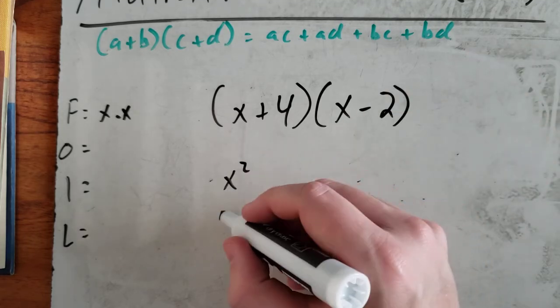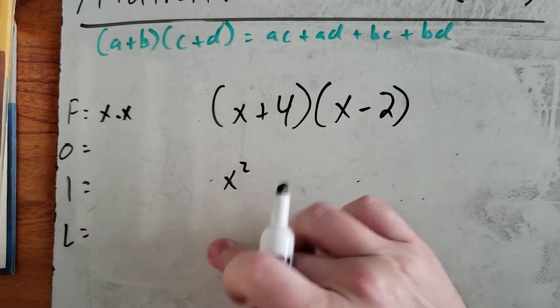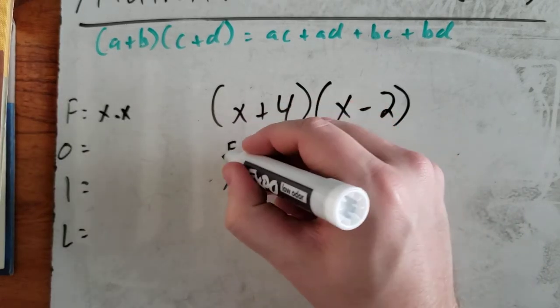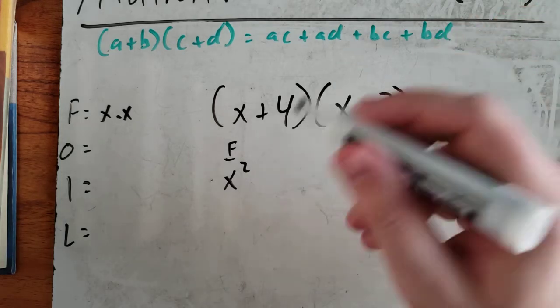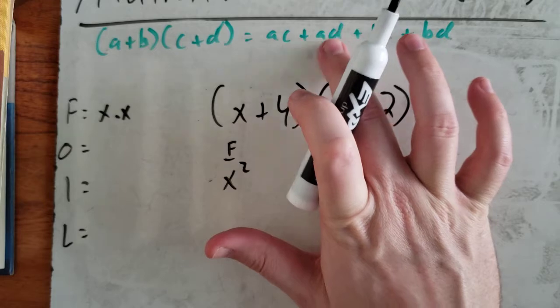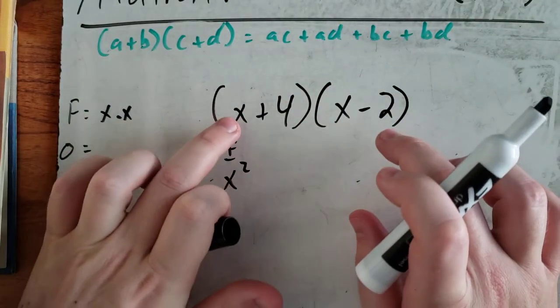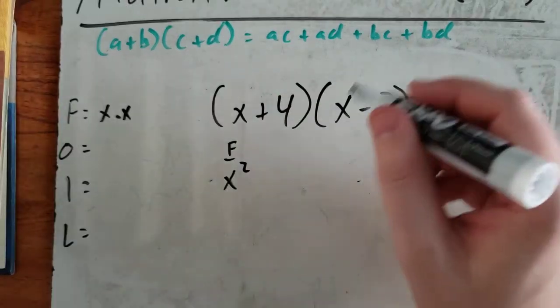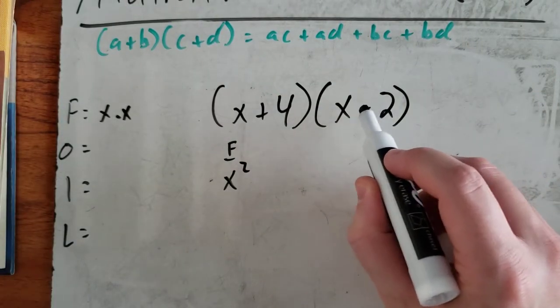And then our next one, our O, our outers. Our A term times our D term. So our outer terms are x times our 2. Now look, we have a minus here, x minus 2.